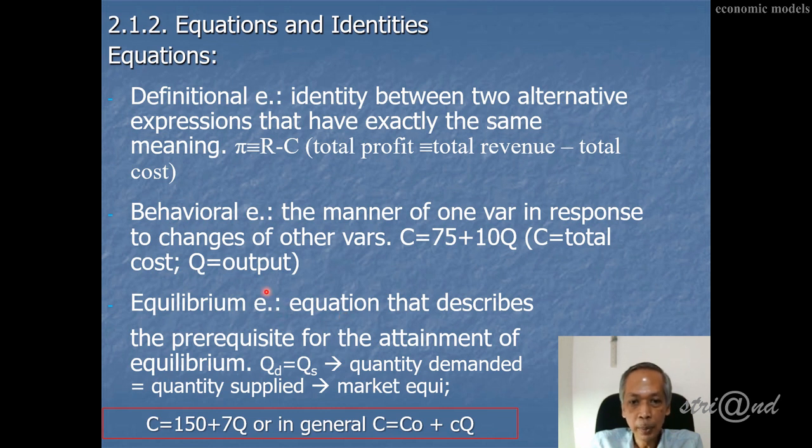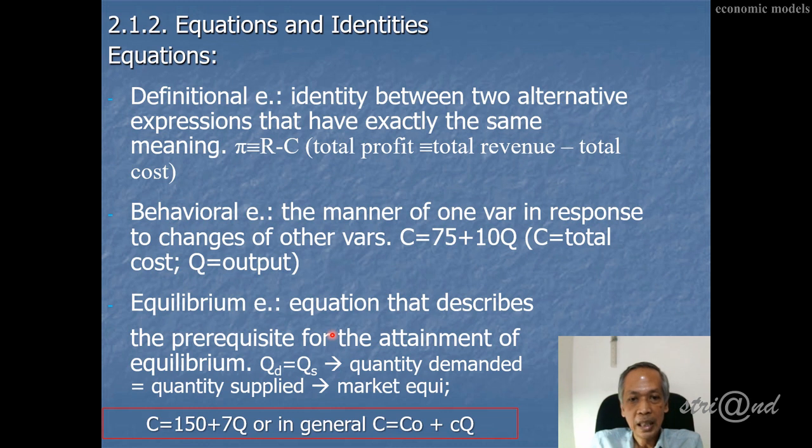An equilibrium equation is an equation that describes the prerequisite for the attainment of equilibrium. For example, for a market equilibrium, the equilibrium equation is that the quantity demanded equals the quantity supplied. We will discuss this later.